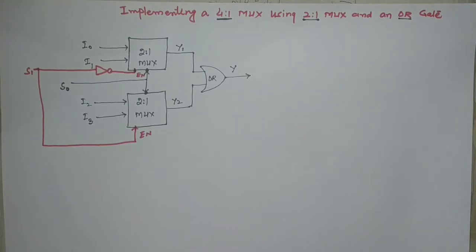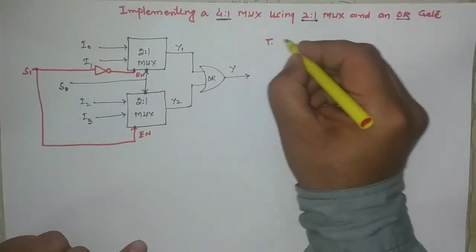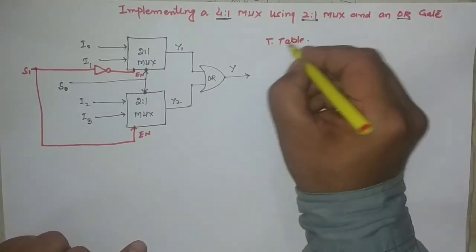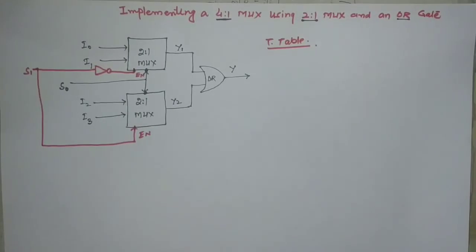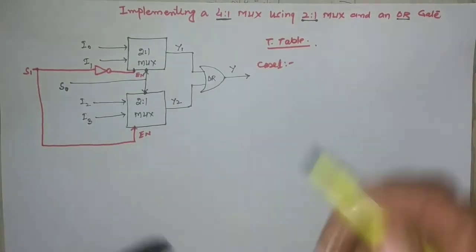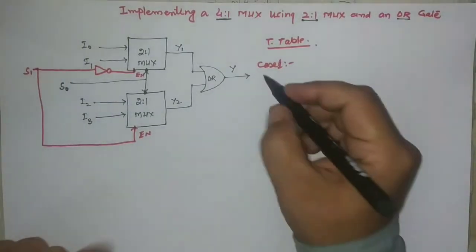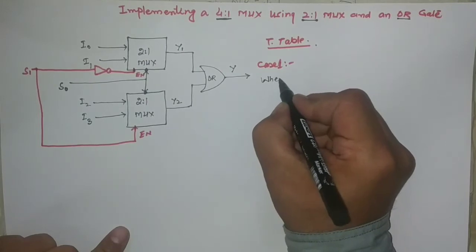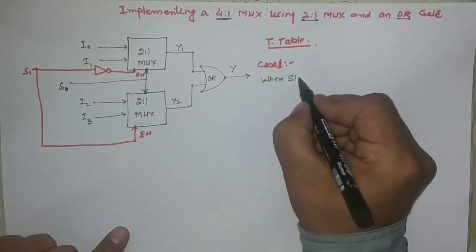We will show you through the help of a truth table. Say for example case 1, when S1 is equal to 0.